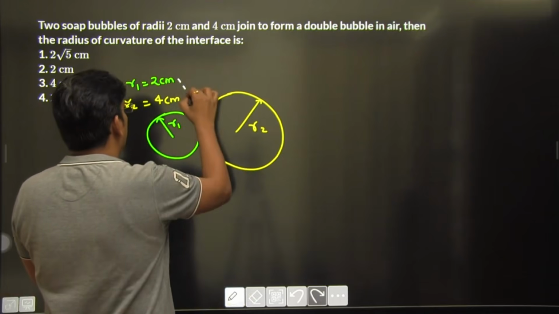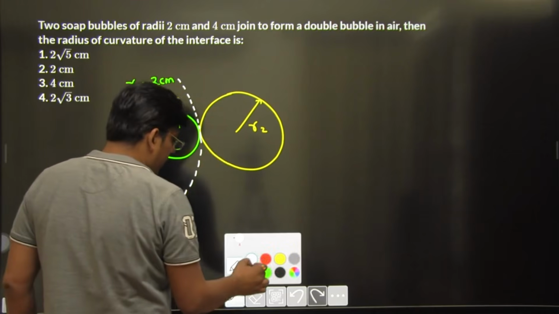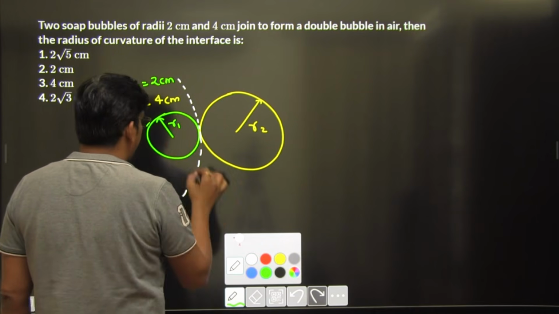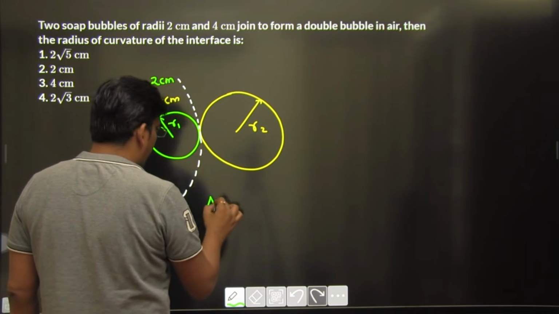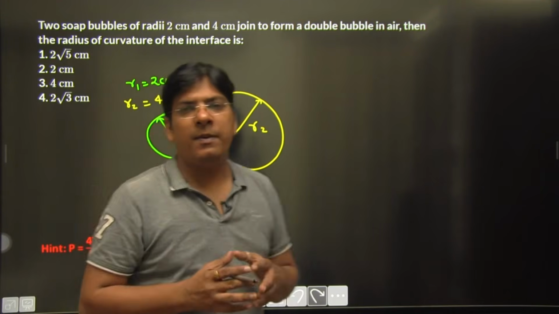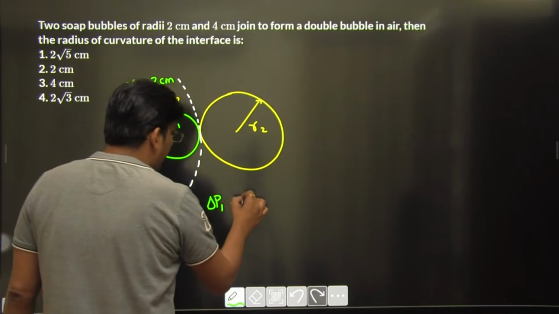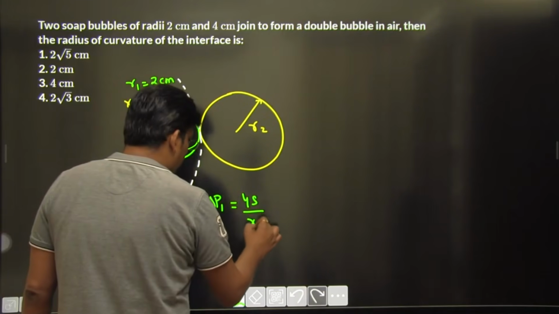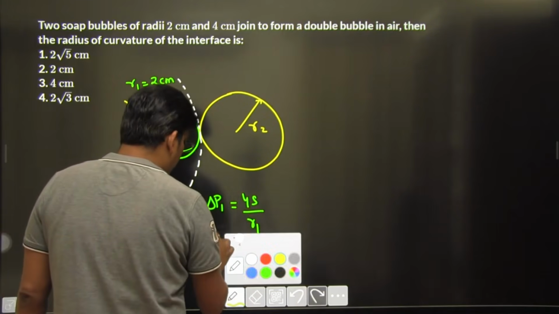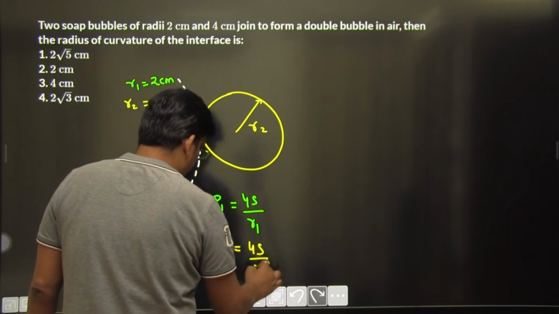When we are asked the radius of curvature of the interface, you know that the excess pressure inside the smaller bubble would be, what is excess pressure? The difference between the internal pressure and atmospheric pressure. The formula for a bubble is 4S by R1. The excess pressure inside the other bubble, delta P2, would be 4S by R2.